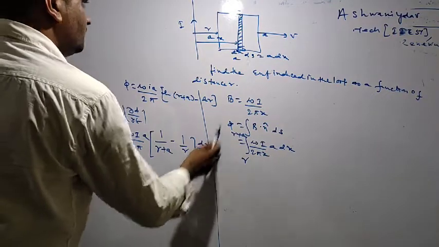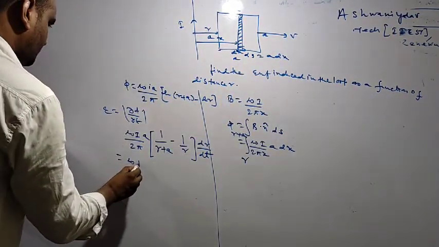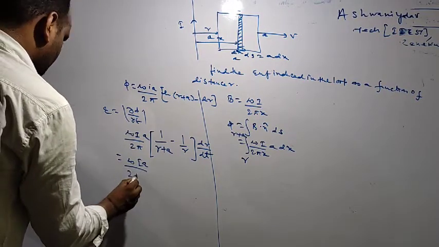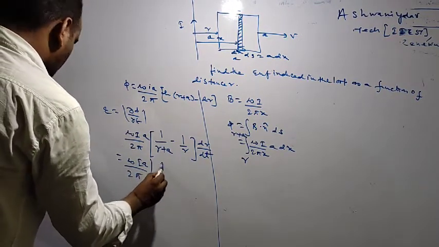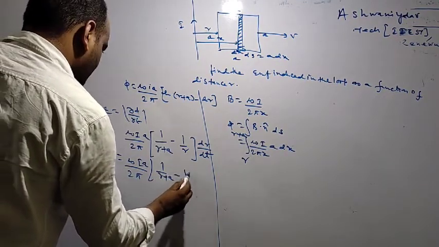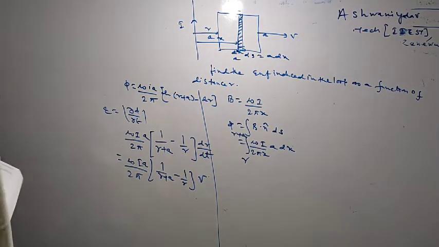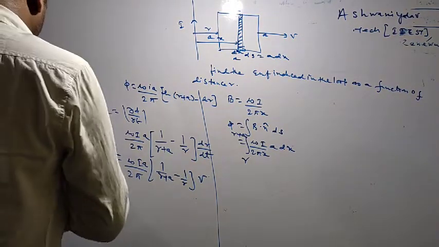This is the velocity of this frame. So we have mu naught I a by 2 pi, times 1 by (r plus a) minus 1 by r, into v. Okay, this is the EMF.